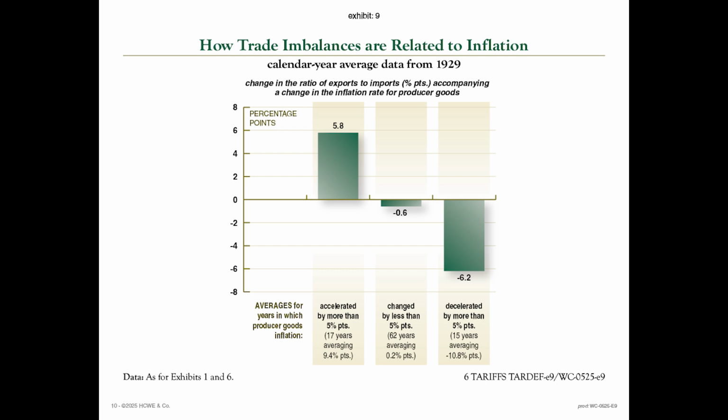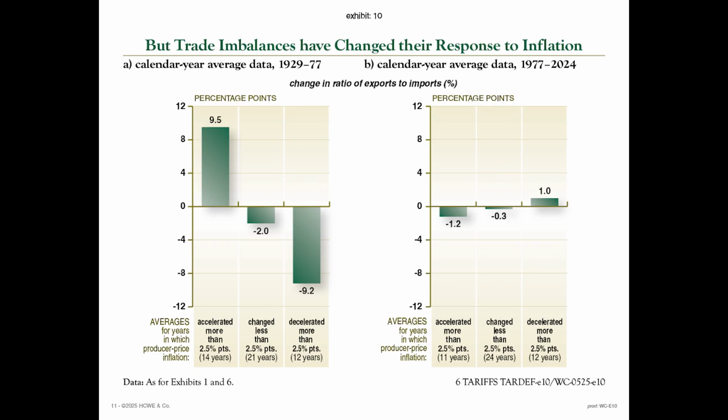However, it turns out that that is going too far with the data that we've got. All the data here are combined back to 1929. If we divide the data into two different time frames, we get a different answer. Very puzzling, but this is the case.